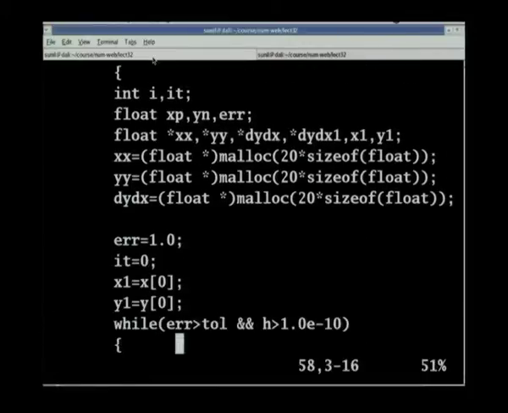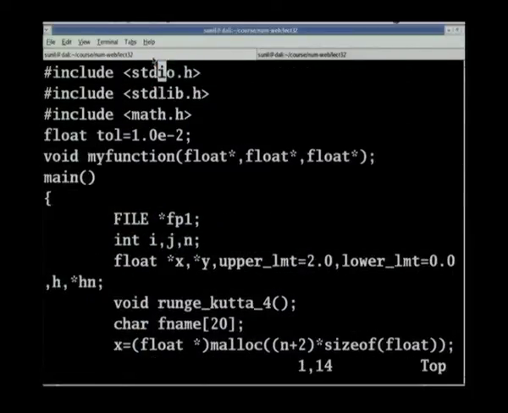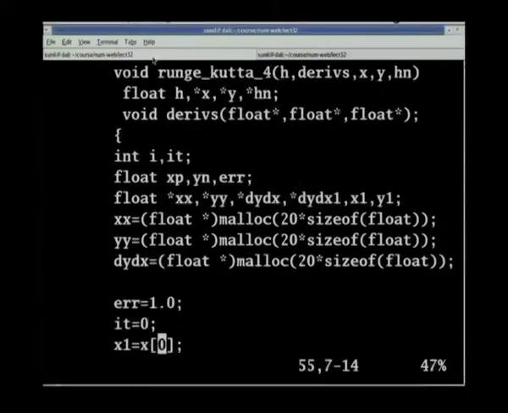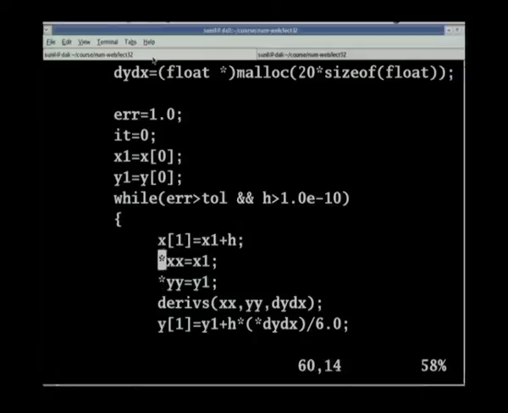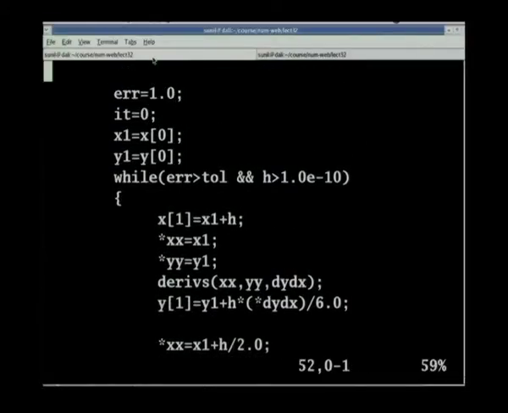Then it uses x1 y1 as the initial values we just supplied, and I have a tolerance which we also have to set, here 10 power of minus 2. Then it determines the first step, that is xn plus h, and does this fourth order Runge Kutta, starting from the initial value: x1 as x1 plus h, where x1 is the initial value and y1 is the initial value again.